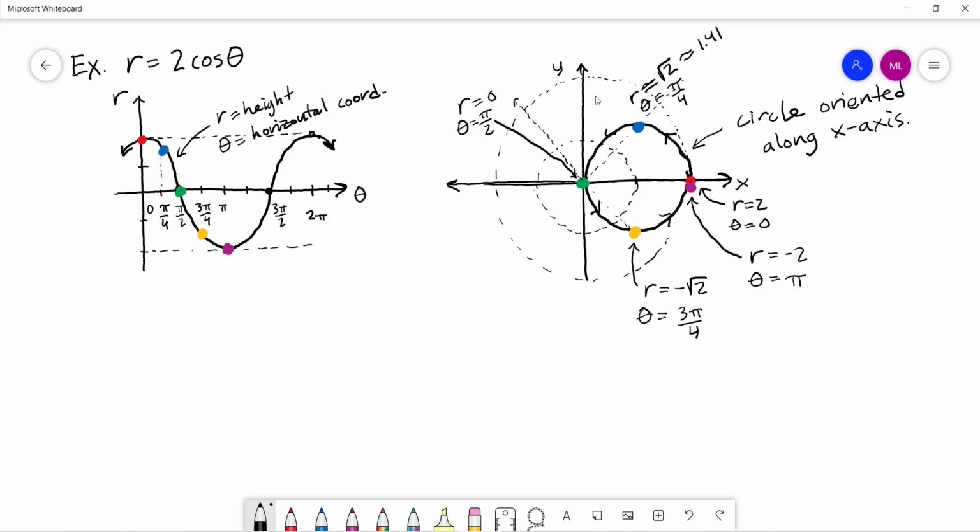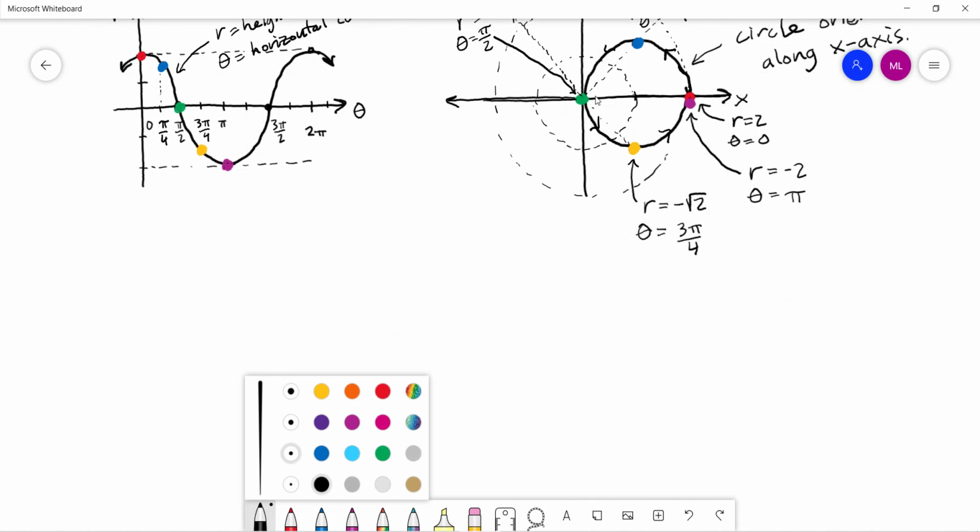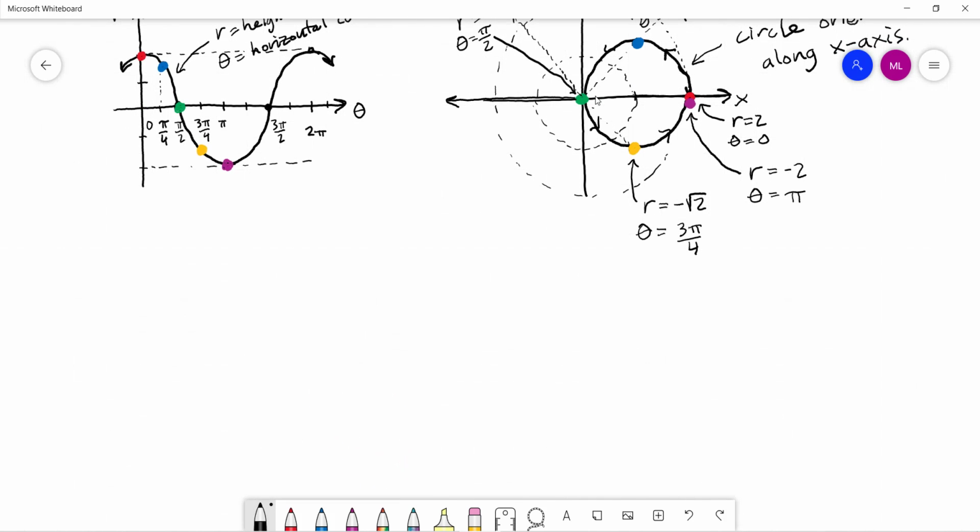Desmos will do polar coordinates, and so you can test and play around with some of those graphs. This isn't going to be a class testing you on your ability to graph polar functions. For the most part, I'm going to probably give you the graphs on any exams or quizzes going forward. But you will need to know the very basics and how to manipulate things.